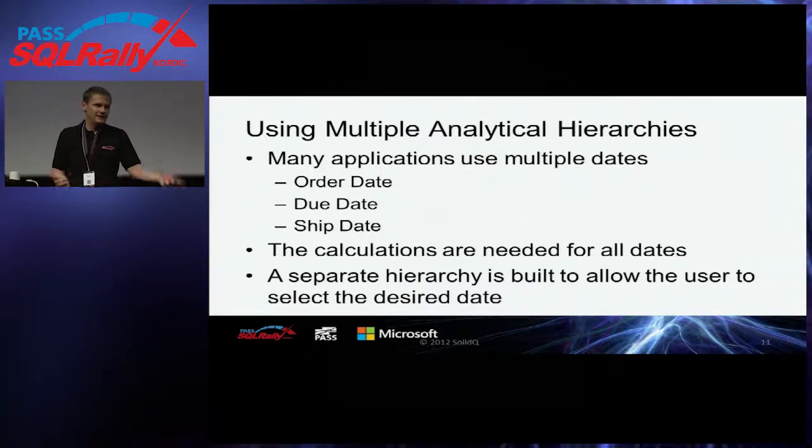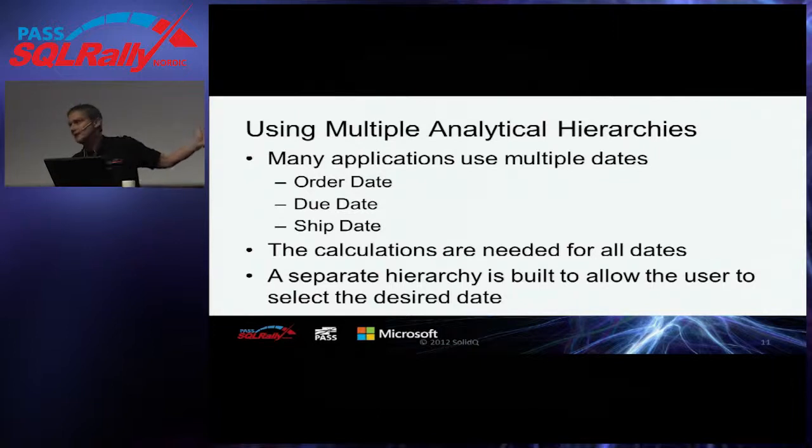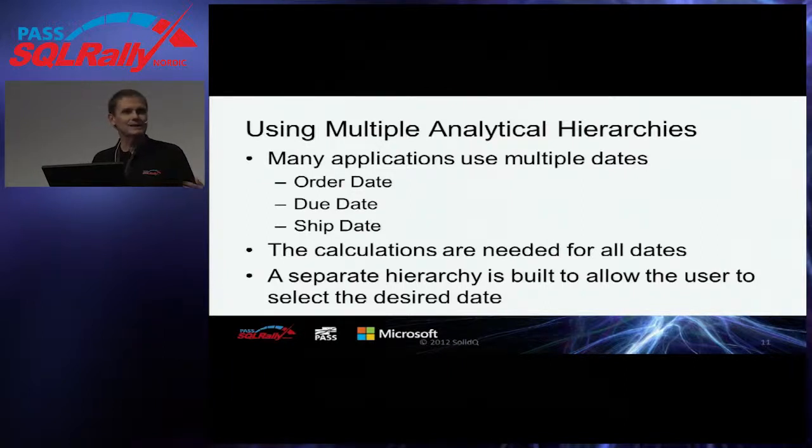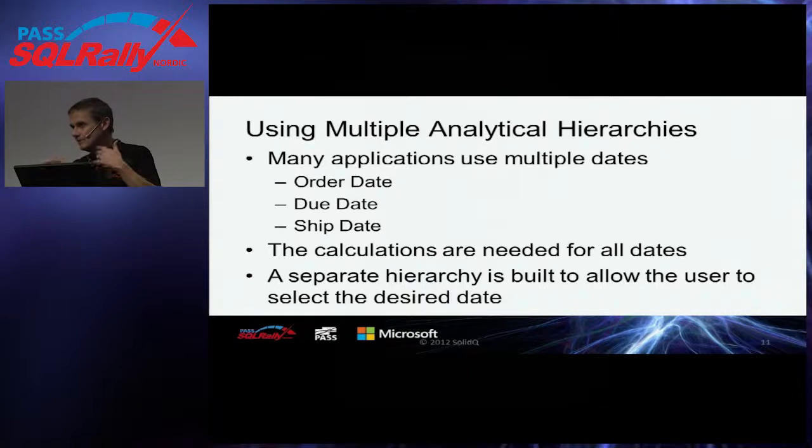Well, some people would want the order date. Some people would want the delivery date. Well, I say, do it for all of them. And I've had clients where we've actually done this. We've had about 20 calculations applied to 15 different dates. So each of the users can pick the date that's important to them, and they can look at the calculation that's relevant for them in their particular situation.